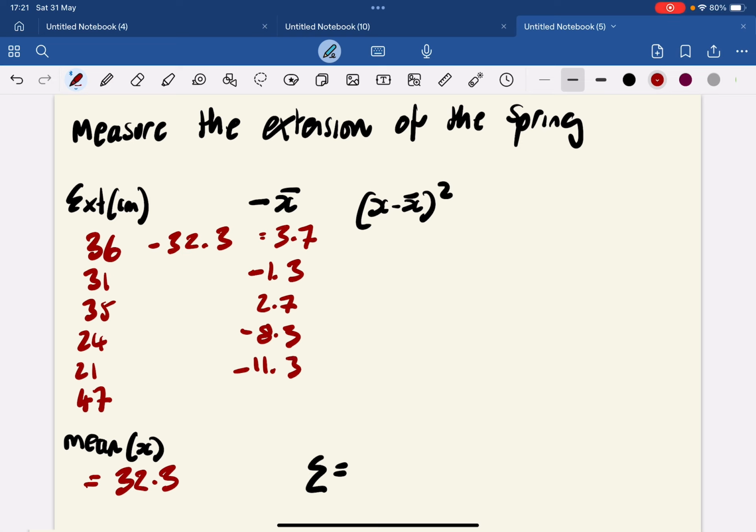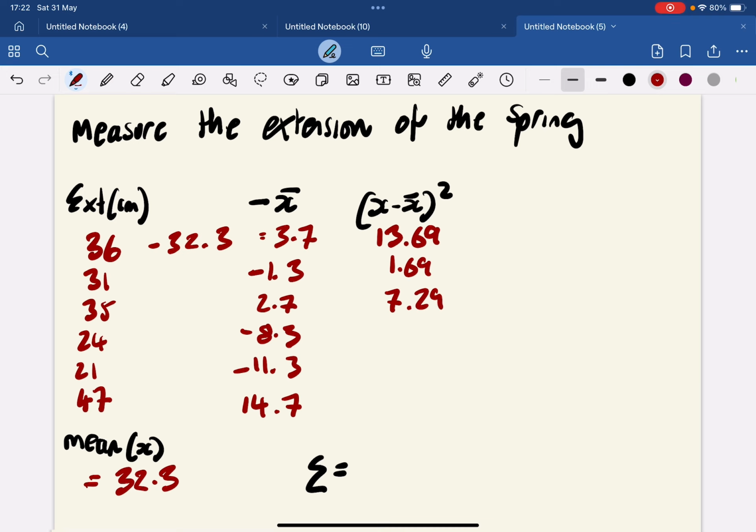Once we've done these, we then need to square our answers, and in doing this we get rid of the negatives. So 3.7 squared is 13.69. You can see that doing standard deviation takes time. It's not an easy calculation to do. 1.3 squared is 1.69. 2.7 squared is 7.29.